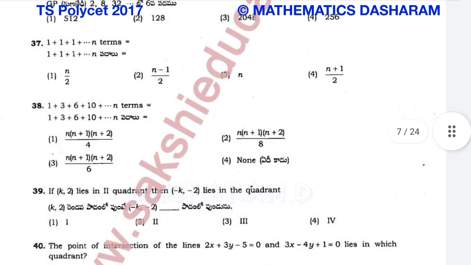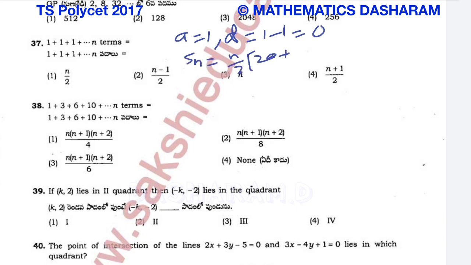Question number 37. Here 1 plus 1 plus 1 plus dash up to n terms. So here this given series is in arithmetic progression. So the a value is 1 and the common difference d value is 1 minus 1, which equals 0. So we have the Sn formula, that is n by 2 of 2a plus n minus 1 into d.